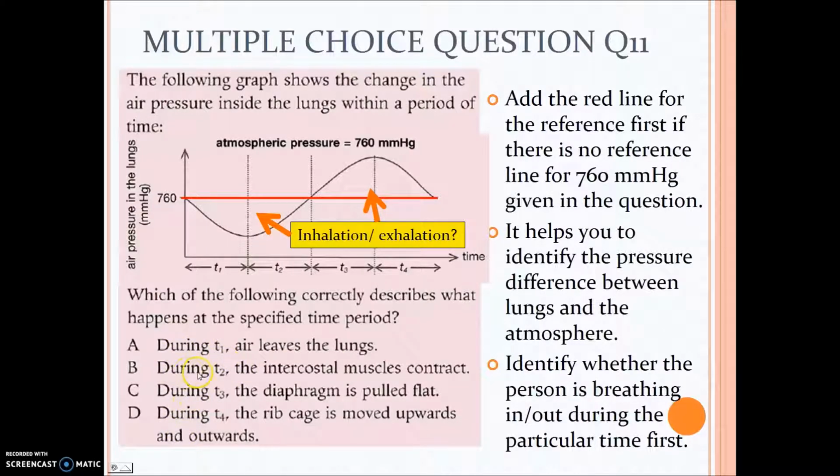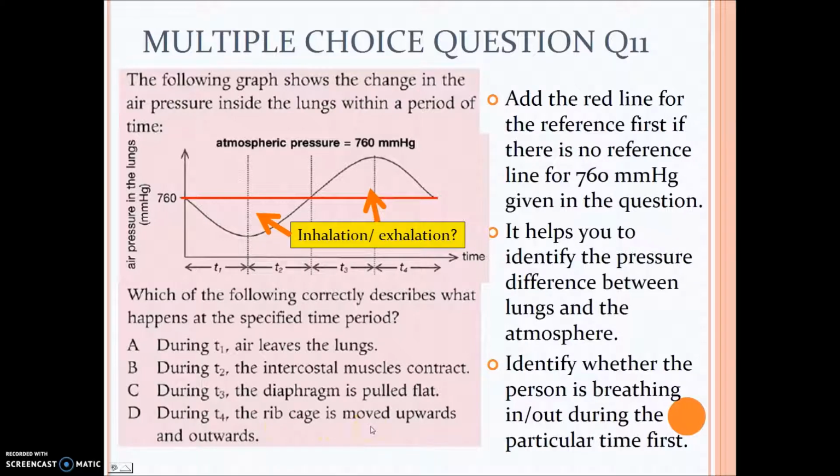What I want to highlight is that option B and option D are probably related to each other, because when the intercostal muscles contract, the rib cage moves upwards and outwards.